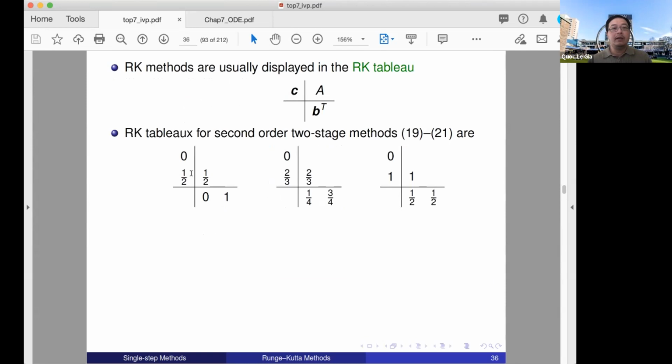The table has the form c, A, b transpose. C is the column vector here, b transpose is this row vector here, and the matrix A is here. Empty means 0, and this one A21 is just 1/2, and this one equals 0.